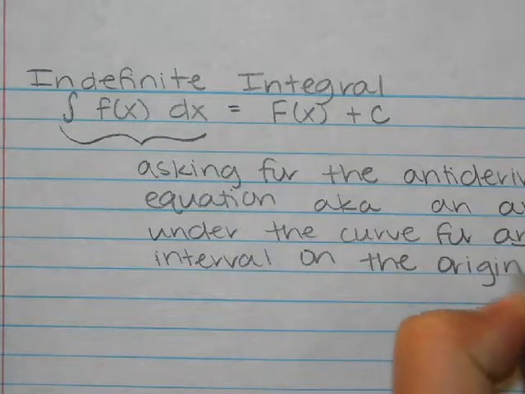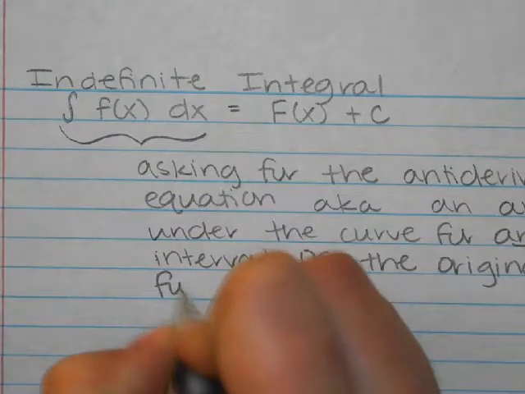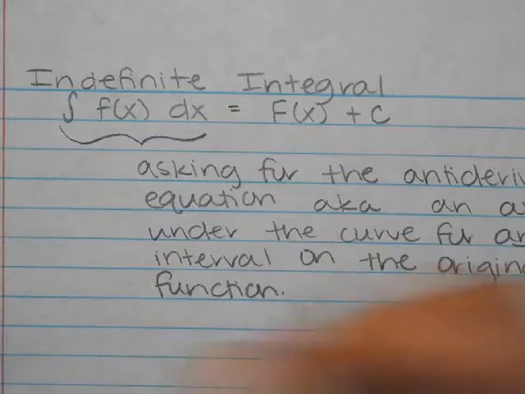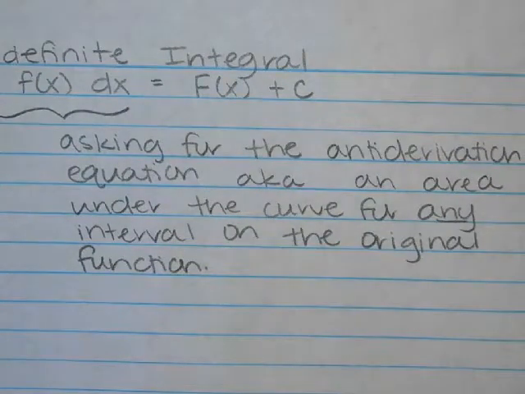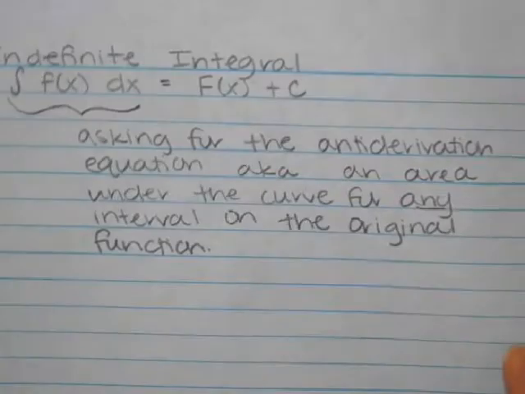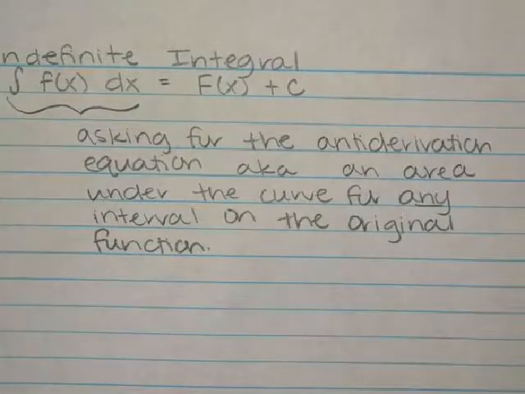So if it had a lower and upper bound, it wouldn't be an antiderivative? They wouldn't call it an antiderivative, they would just say find the area under the curve. But essentially, yes, it would be like the antiderivative at a specific instance. And this is just wherever we want it.